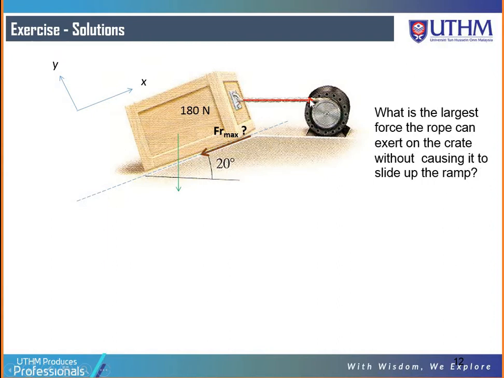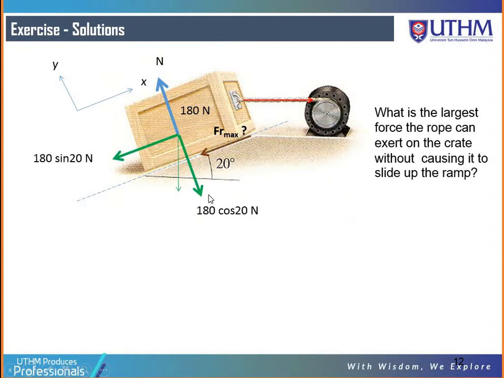What is the maximum tension of the rope that we can apply to make sure that the box is just about to start moving to the right-hand side, or the maximum tension of the rope acting on the crate to ensure that the box is just about to slide up the ramp? Okay, this is the normal force.